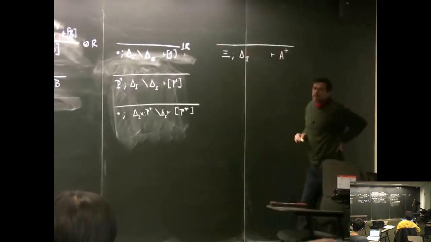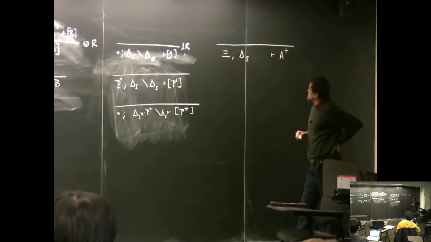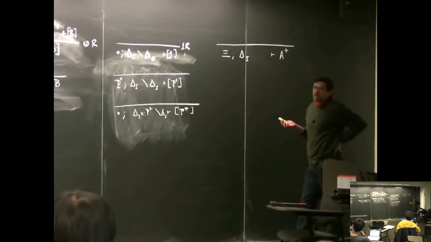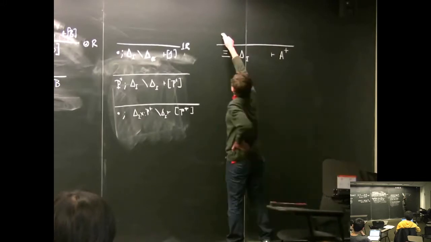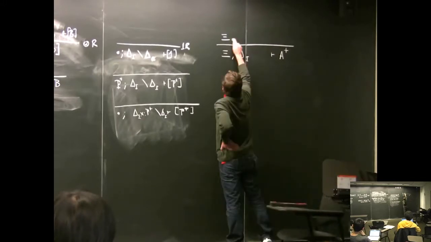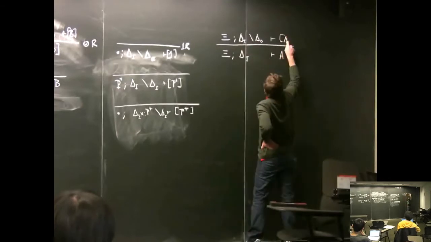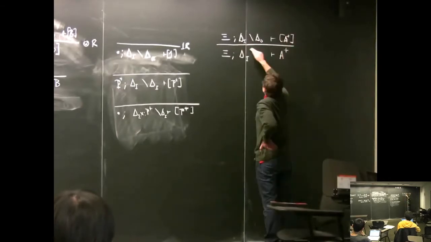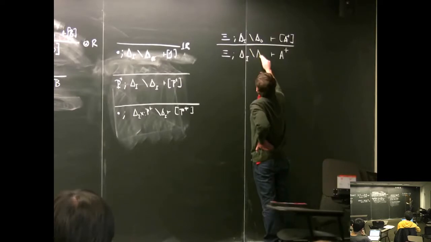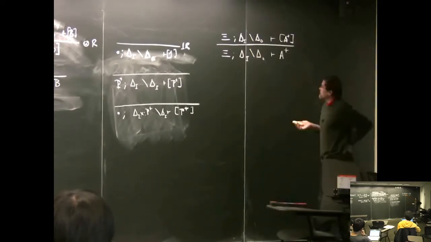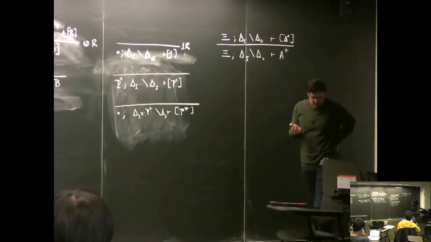What's the rule look like? As far as resources, nothing is going on. I just copy psi and delta input, which gives me delta output, and I have to prove A plus in focus, and I return whatever that returns. There's nothing much going on. Now for left focus, is there anything interesting going on there?